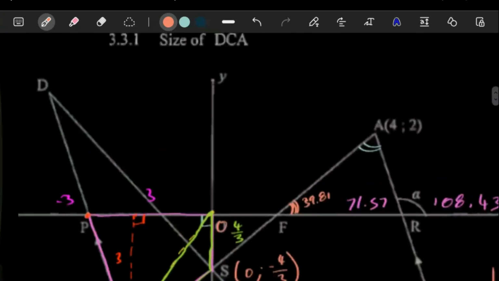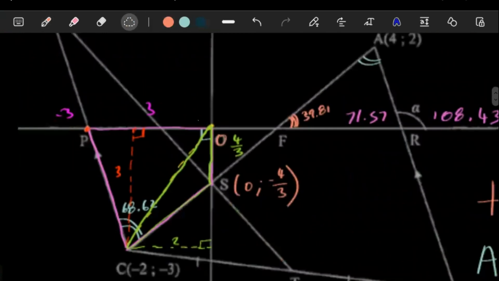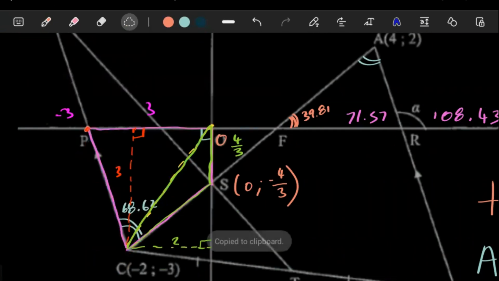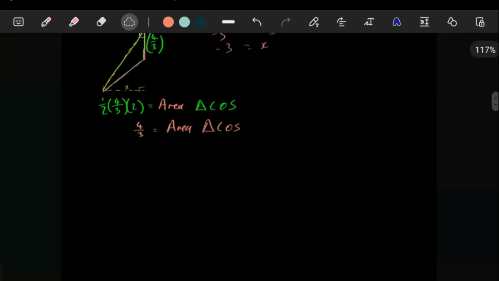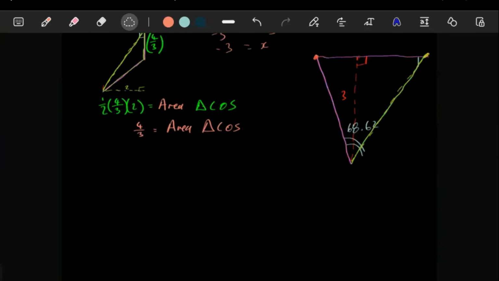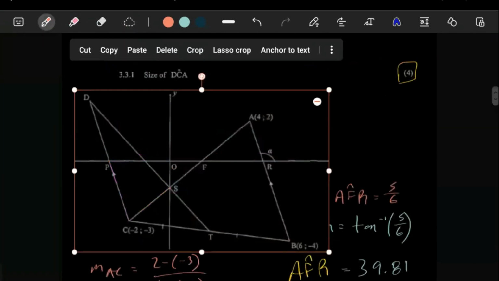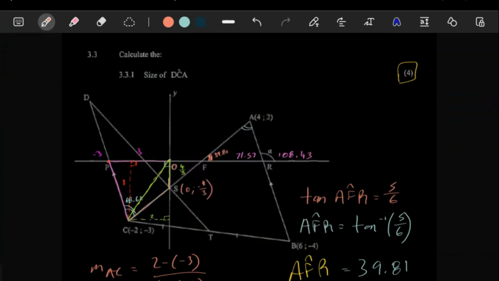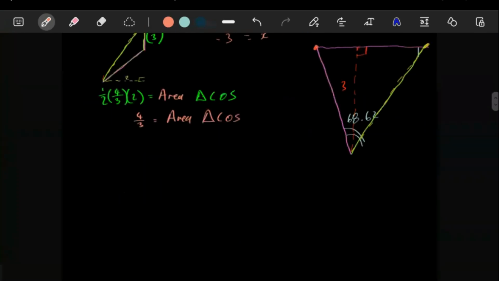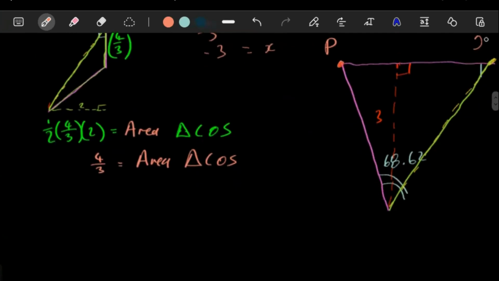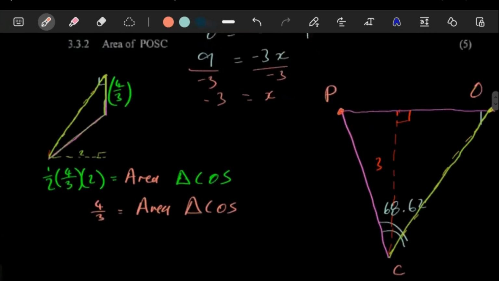The other triangle that we said we have to deal with is this one over here. So let's copy that. Dealing with this triangle, its area is also going to be half base times height. The name of this triangle is POC: P here, O here, C at the bottom.